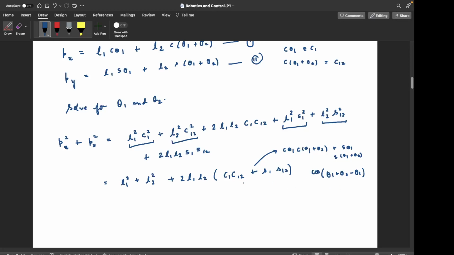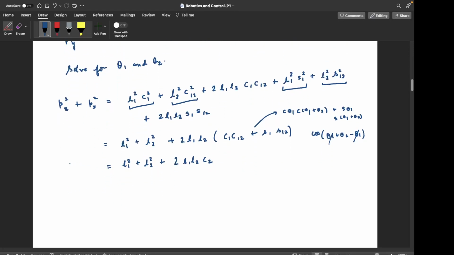So finally the theta 1 and theta 1 go, and just theta 2 remains. So what will be the expression? L1 square plus L2 square plus 2 L1 L2 cos theta 2, right?